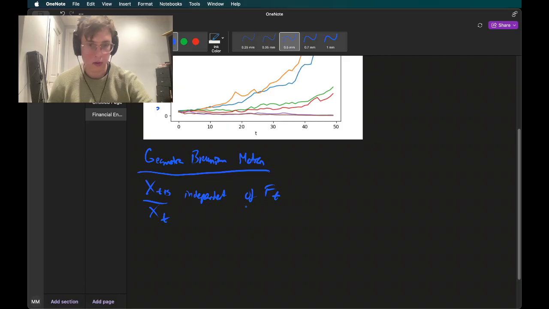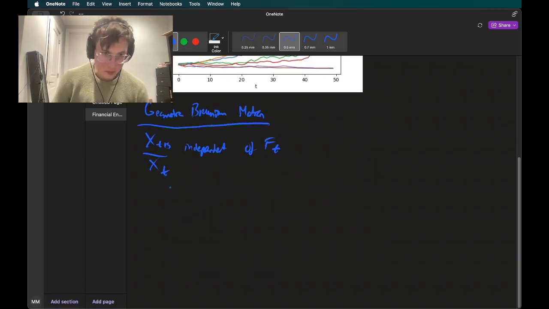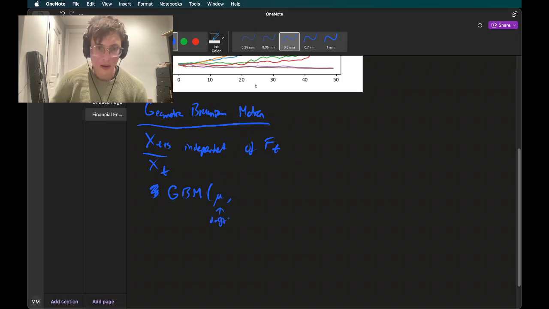So let's talk about what geometric Brownian motion is. Geometric Brownian motion, written GBM, has two parameters: mu, called drift, and a variance sigma, and is written according to this formula.